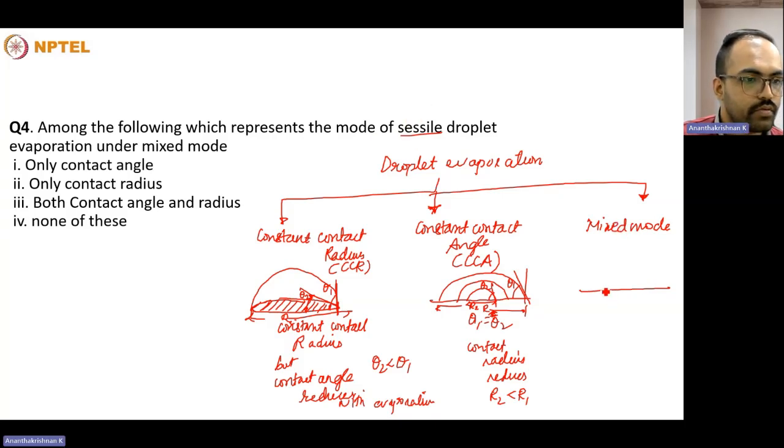So if this was the original case, the new case would be somewhere like this. R2 is less than R1, as well as theta 2 is less than theta 1. So this is a mixed mode. That solves the problem: it's both contact angle and contact radius.